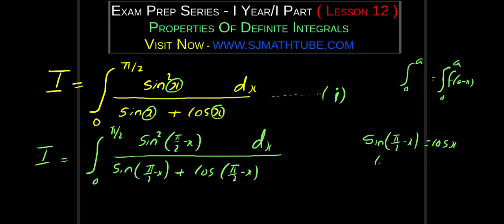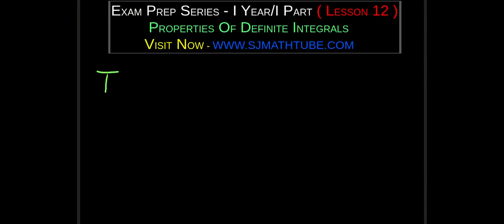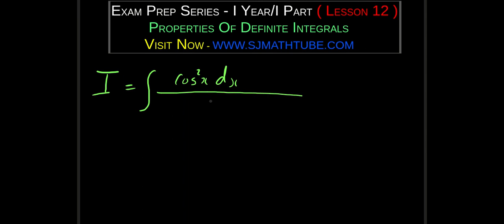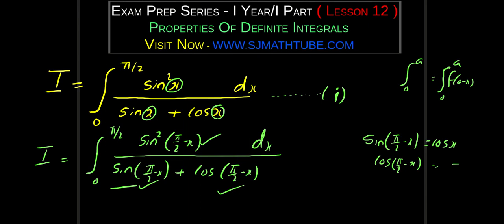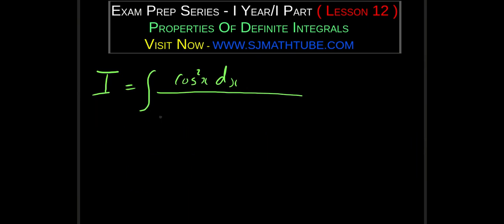And what about cos 90 minus x? That will be equal to sin x. Now if you replace this 90 minus x with all these things, you're going to get I is equal to integral cos square x dx, the whole divided by, actually this will become cos x plus sin x, it's the same thing, that's sin x plus cos x.